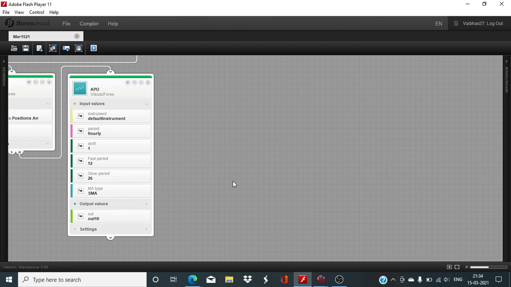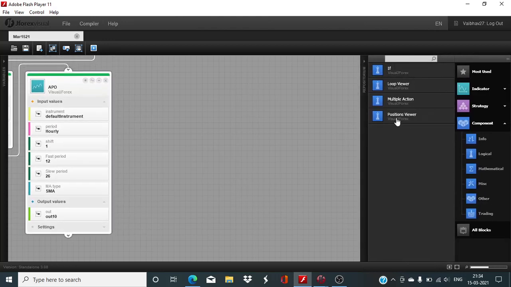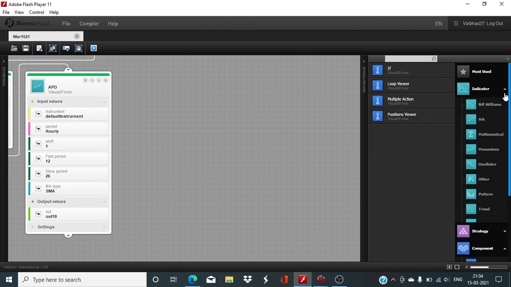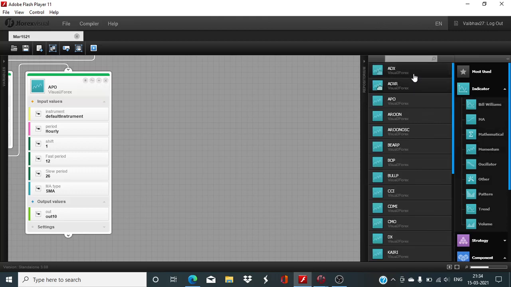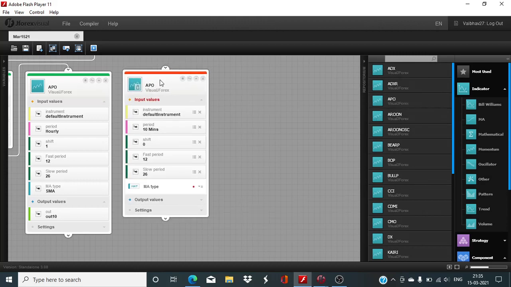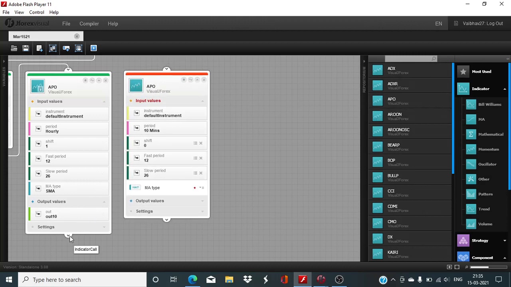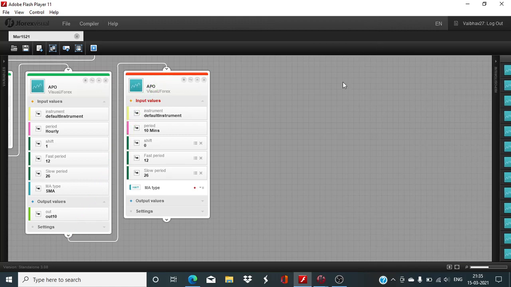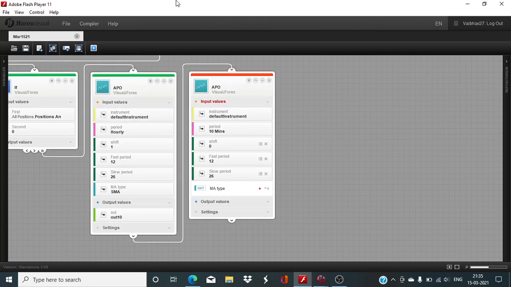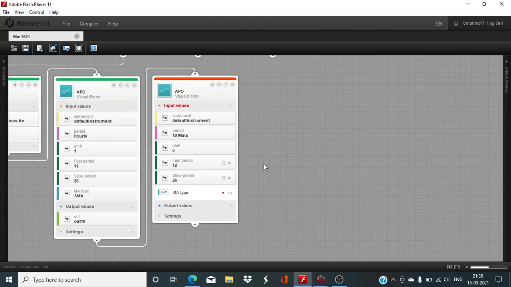Now as we will have to do the comparison, I will have to take one more APO block, and for that I will have to add this one, and as we want the trade to be initiated during the first 2 hours, so I will take shift value 3 here.